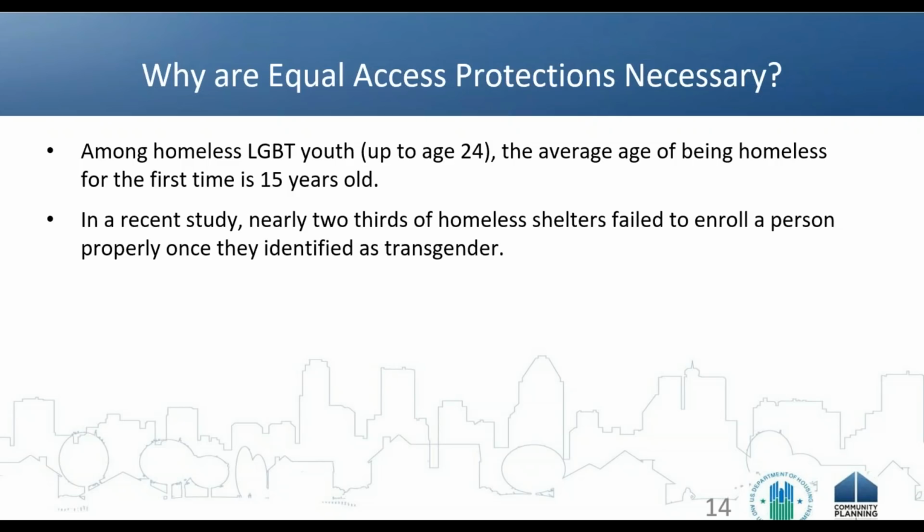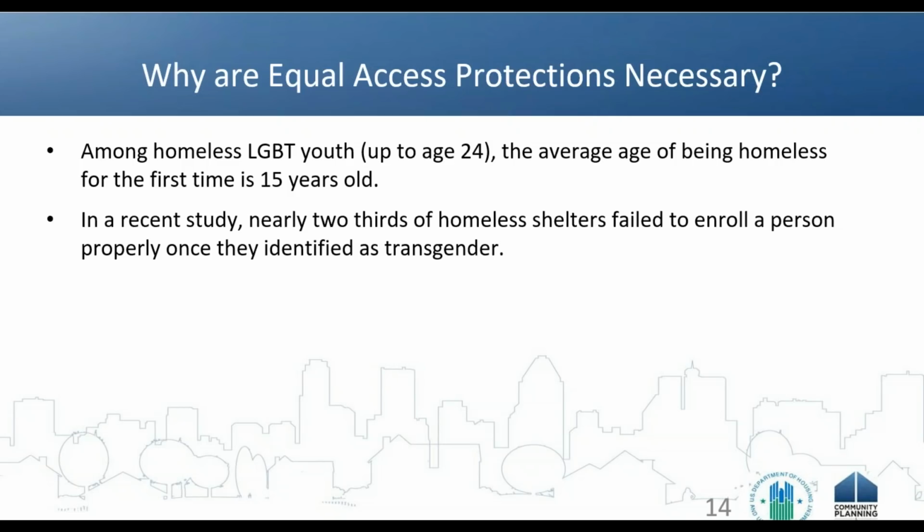We also know from a Center for American Progress study that was done, I believe in 2015, across 4 states. 2 of the states had anti-discrimination policies at the state level, and 2 did not. Regardless of that, the shelters in the study 2/3 of the time did not enroll a caller.